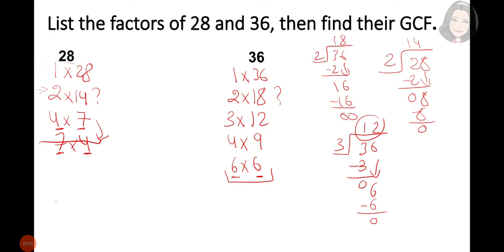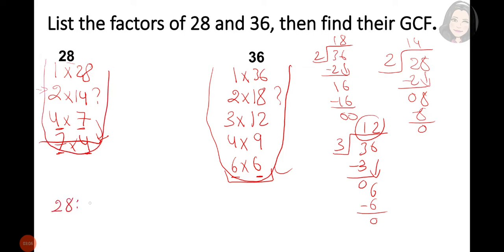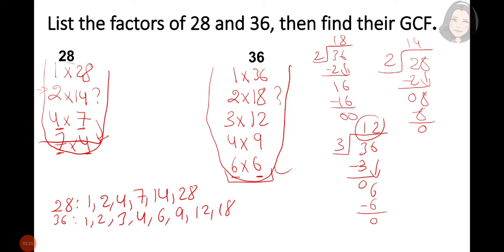After we do that, we list the factors of each number following the path of the letter U. So list them in order. 28 is 1, 2, 4, 7, 14, and 28. 36 is 1, 2, 3, 4, one of the 6s, 9, 12, 18, and 36.